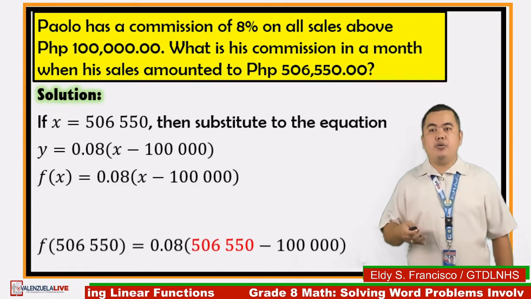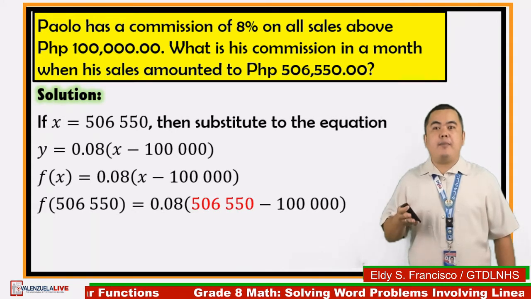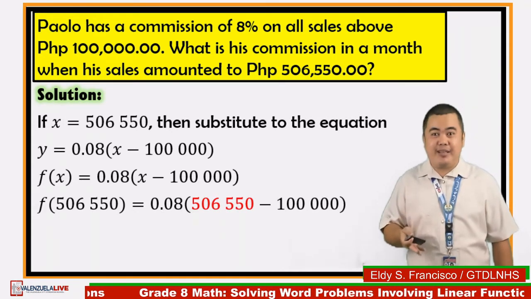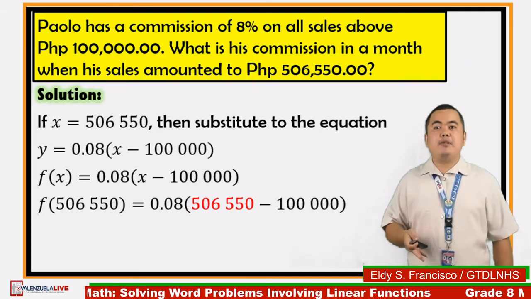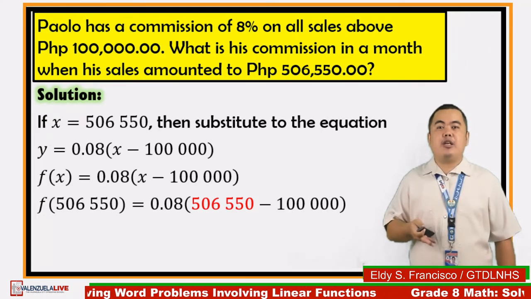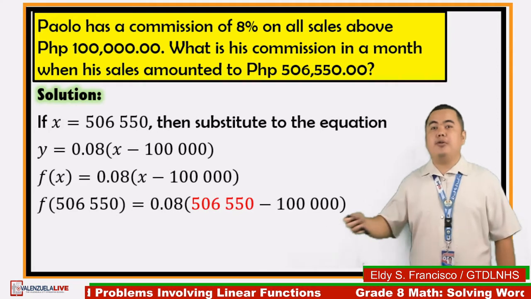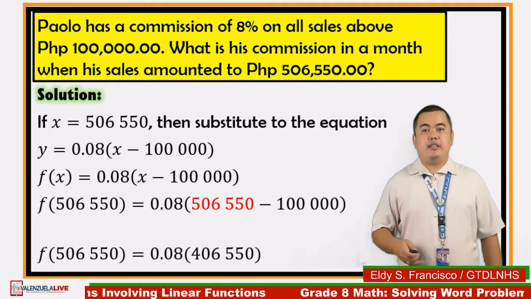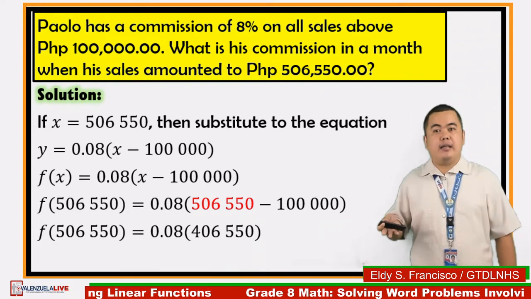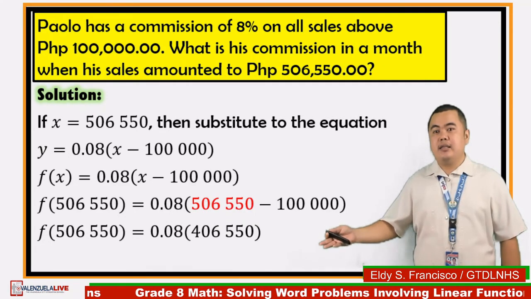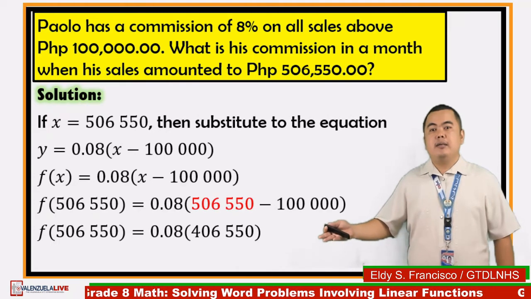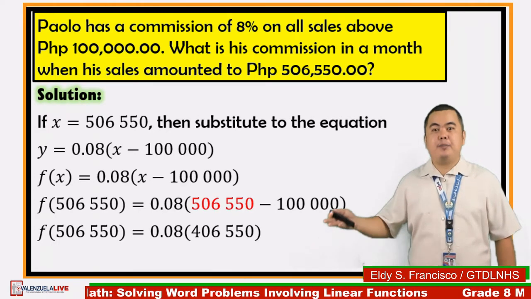And by substitution, we will have f of 506,550 equals 8 hundredths times quantity 506,550 minus 100,000. And by simplifying, we will have f of 506,550 equals 8 hundredths times 406,550.